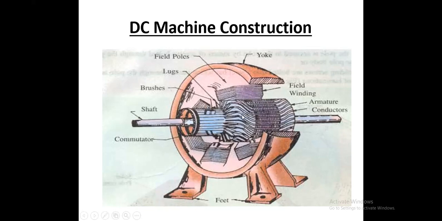This is the common shaft, which runs from the start to the end of the DC motor and is placed in between the field winding. This one is the commutator. It is made of copper, and the commutator is consecutively connected with the armature coil winding.